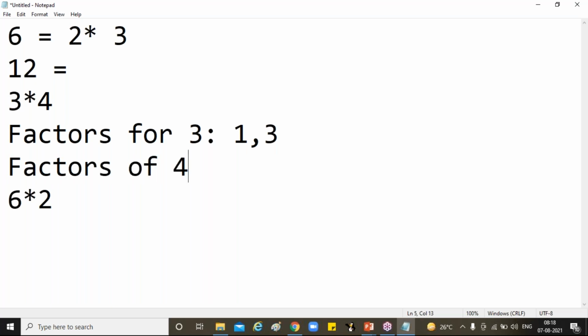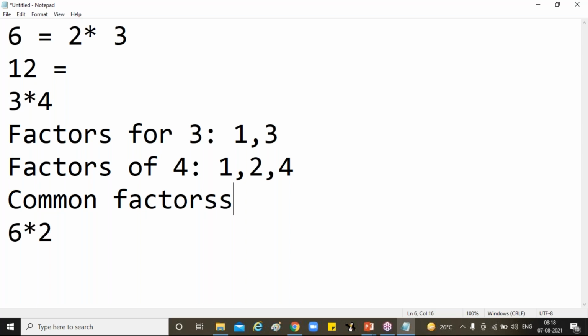What are the factors of 4? 1, 2, 4. So out of 1, 3 and 1, 2, 4, what are the common factors? Only 1.